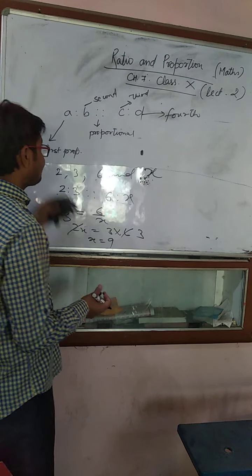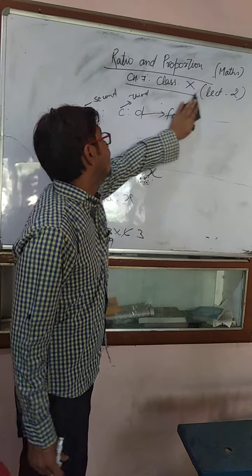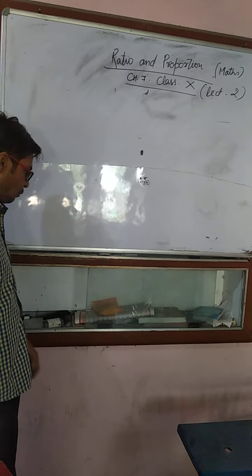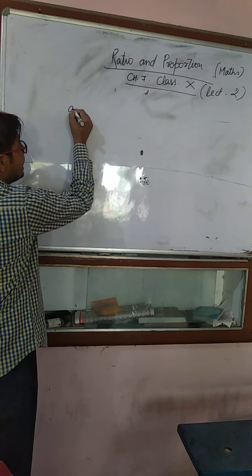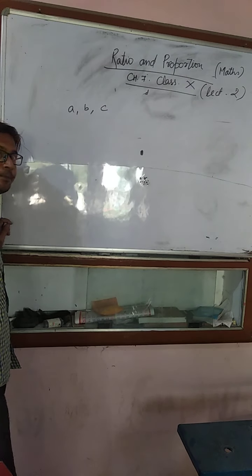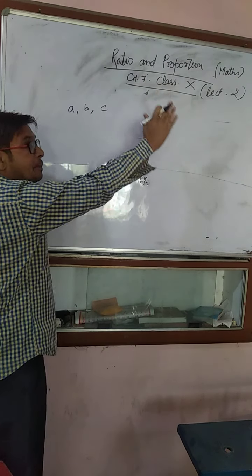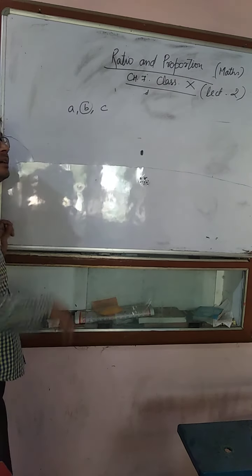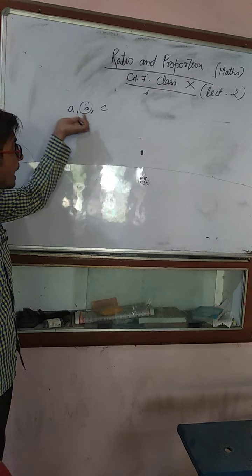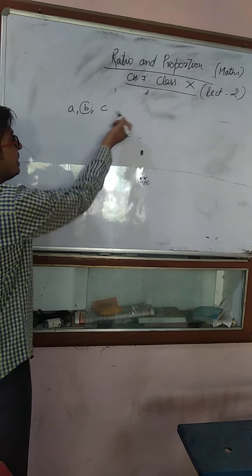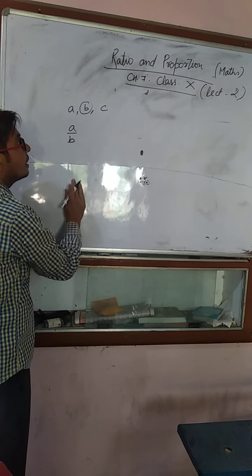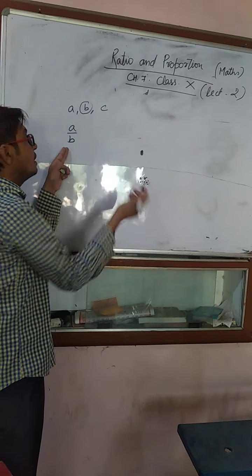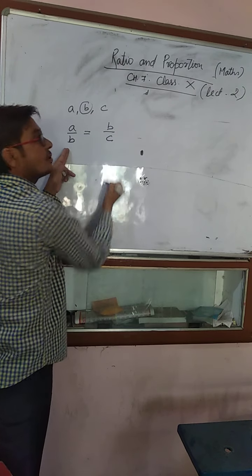Okay. After that, the fourth property in proportion is the mean proportion. What is mean proportion? Now consider A, B, C. Find the mean proportion of A, B and C. Mean means middle. B is the mean proportion. But if we write it in proportion, how can we write it? Like A by B. B is included here, but instead of C, what will we use? Again repeat B like this.